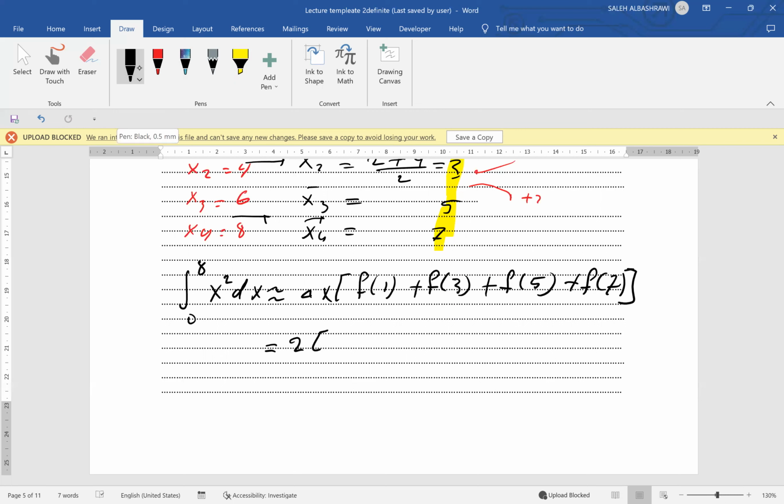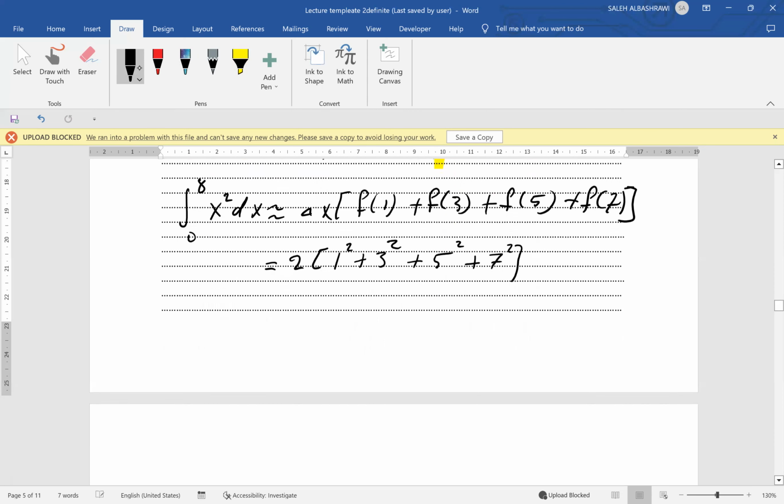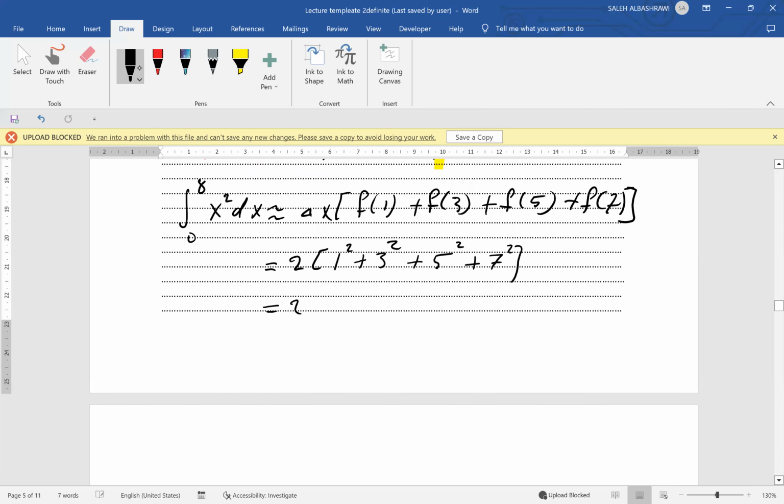My function is x to the power 2, so that is 2 times (1 squared plus 3 squared plus 5 squared plus 7 squared). 1 plus 9 is 10, plus 25 is 35, plus 49 is 84.